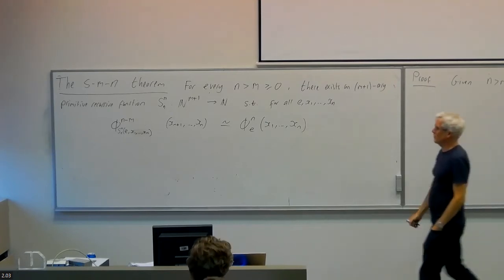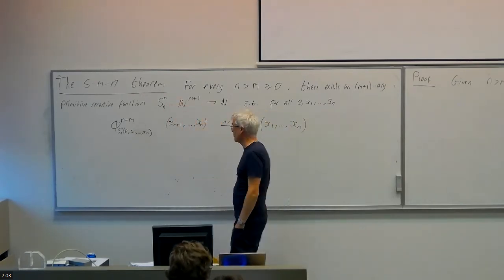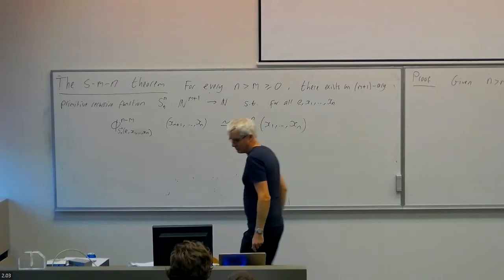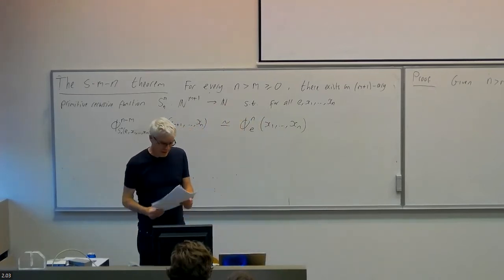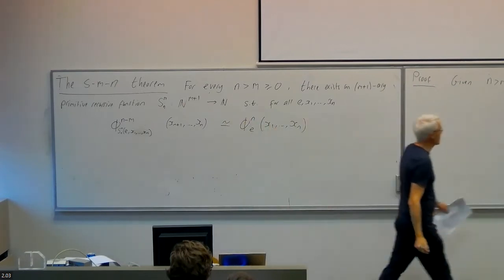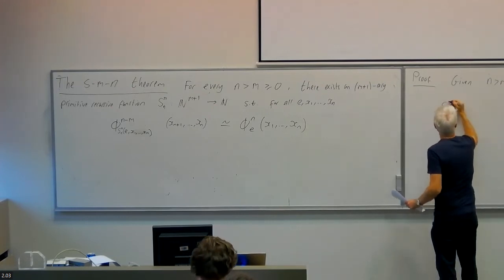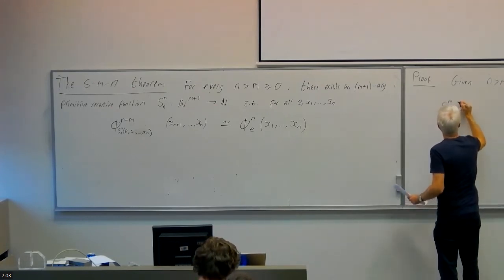So we need to show that there exists a certain Smn function and it's primitive recursive. I'm just simply going to define the function. I need to say what the function Smn does.